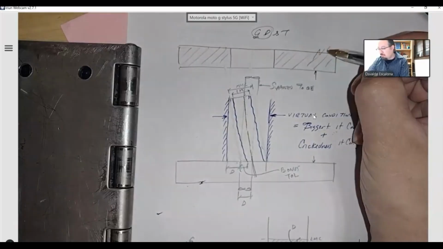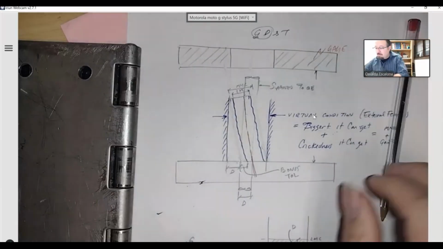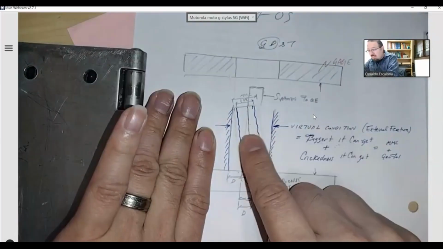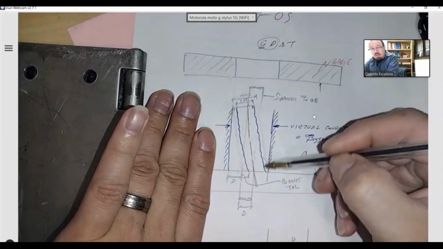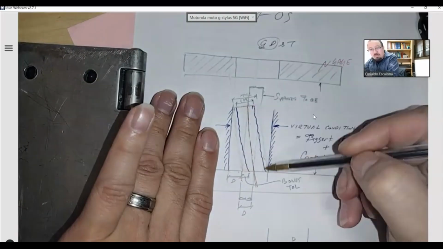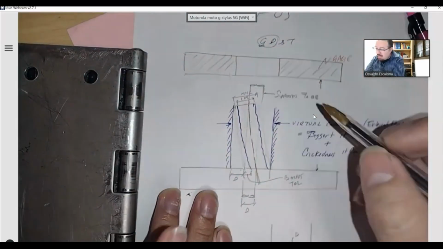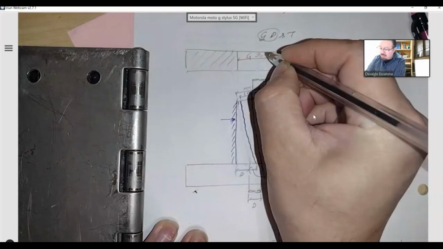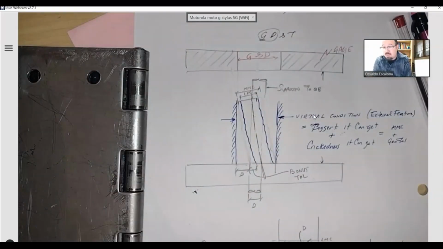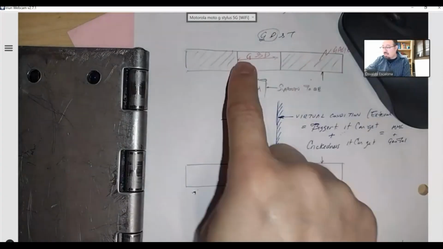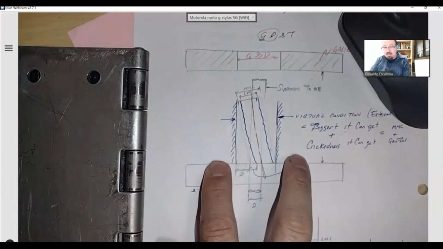Make that gauge to that size such that if I have a part that came at MMC, it will barely fit. If the part is less crooked, let's say it's straight, it will fit. If it's smaller, it will fit. So all the worst case conditions will be encountered by the gauge, as it will have a combination of geometric imperfection and dimensional imperfection. I'm able to check the behavior of my part like this: grab 1,000 parts, get my gauge that has the size of the virtual condition, put it inside of it, and boom.